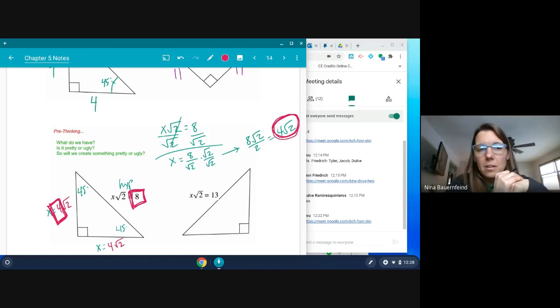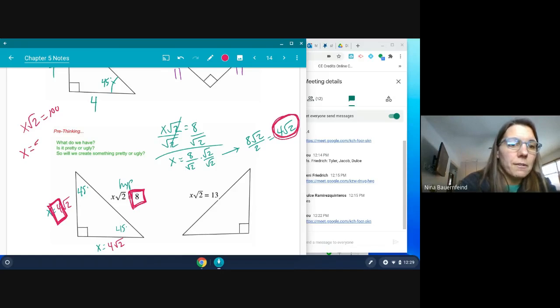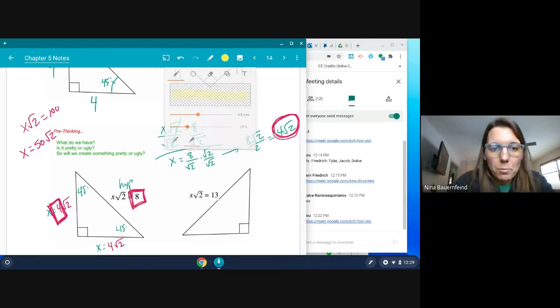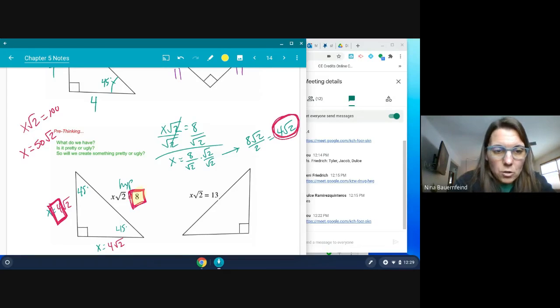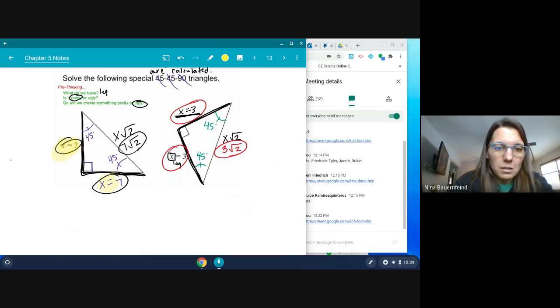So if it was like x square root 2 equals 100, then x is going to equal 50 square root 2. The point is, if you have a pretty thing to begin with, your answer is going to be ugly. Here it was ugly to begin with, so we ended with pretty answers. Here it was pretty to begin with, so we ended ugly.